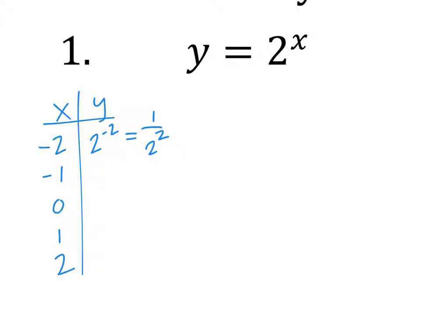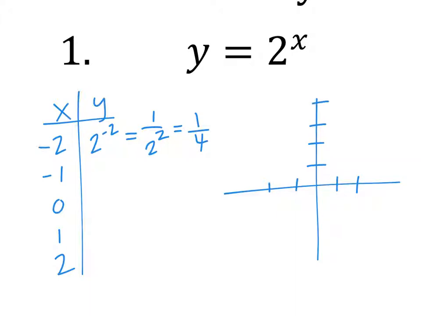Once you flip it, the negative goes away, and then we simplify, so that is 1 over 4. So when x is -2, y is 1/4, somewhere there.